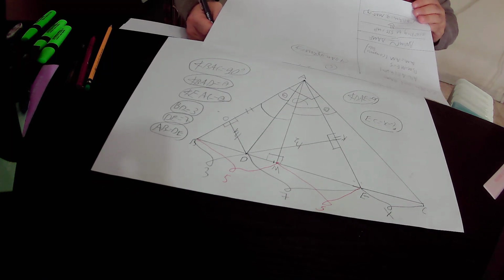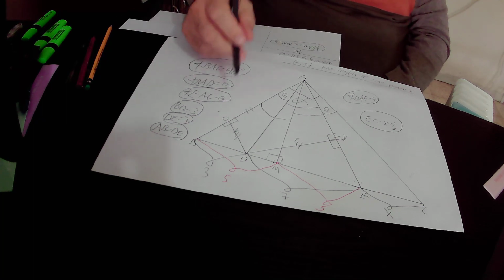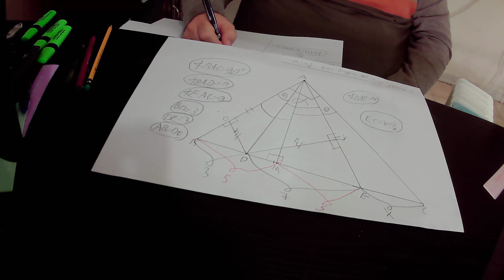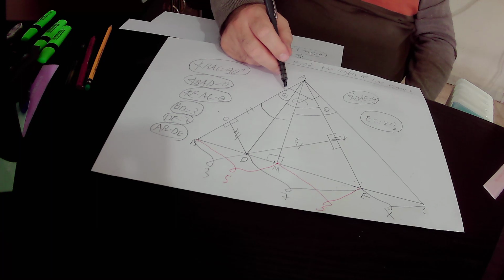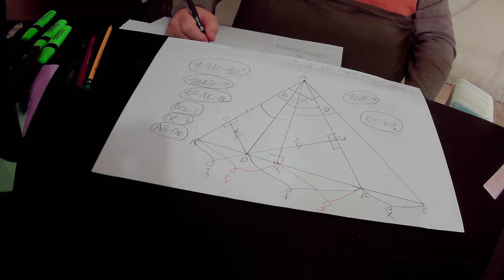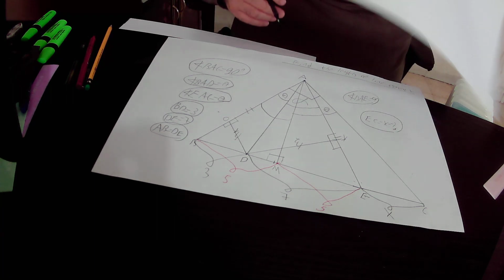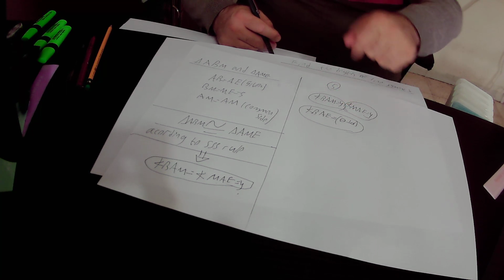And what is the value of angle BAE? The value of angle BAE is equal to theta plus alpha. I'll repeat again. The value of angle BAE is equal to theta plus alpha.